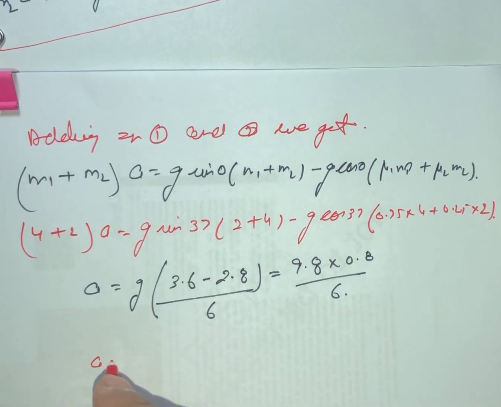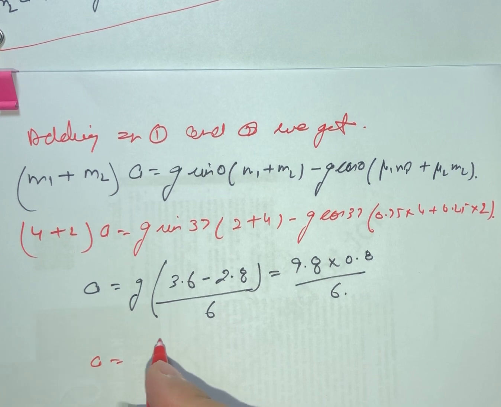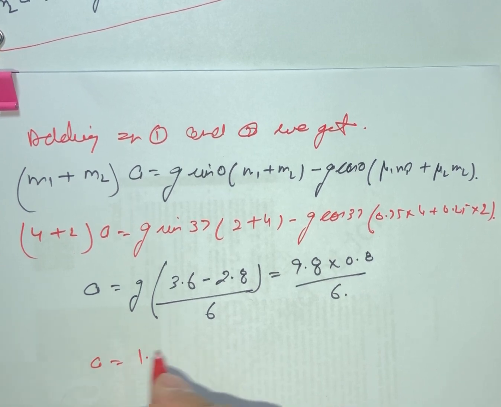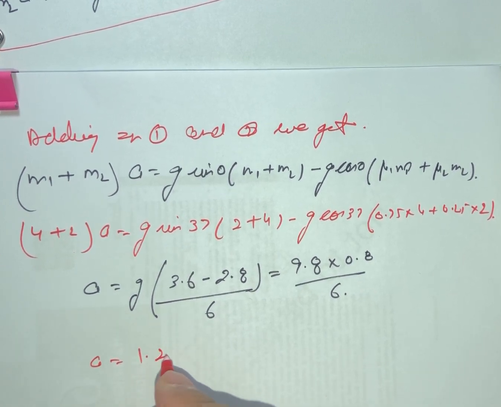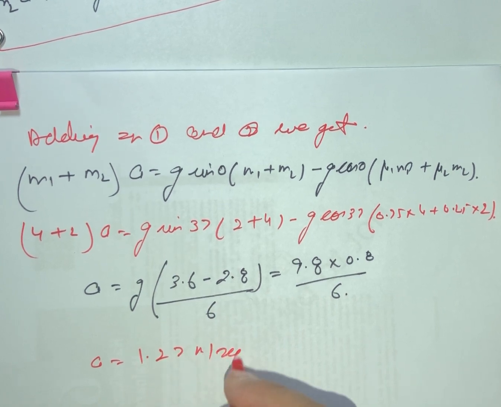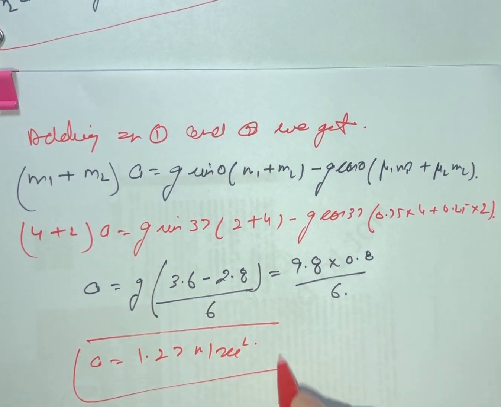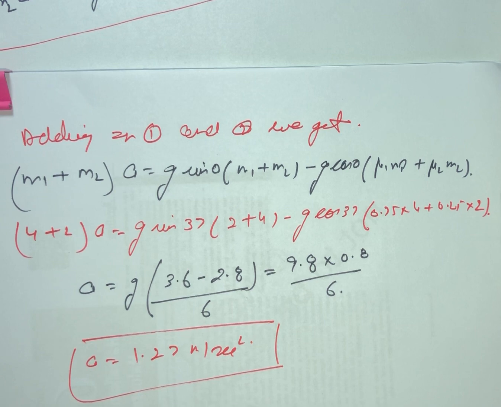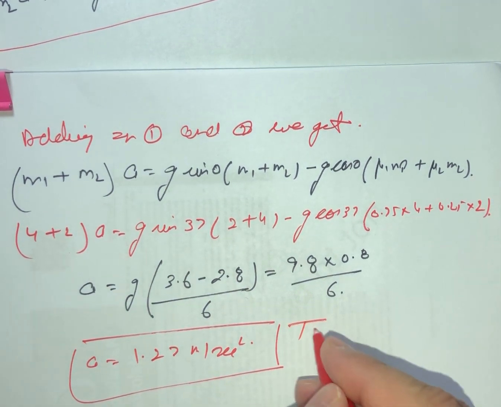Therefore, the acceleration a comes as 1.27 meters per second squared. So this is the common acceleration of the two masses.